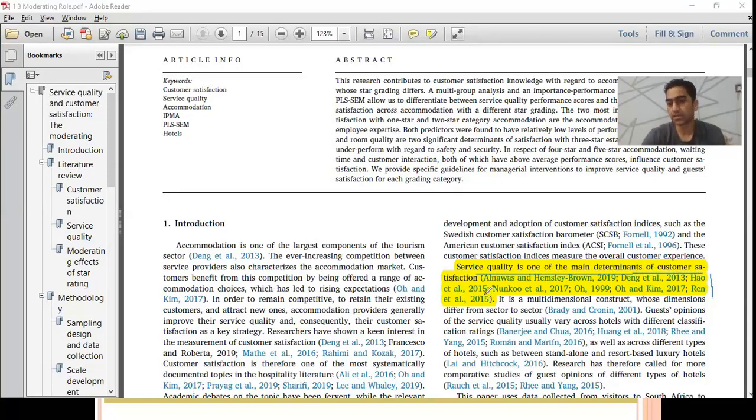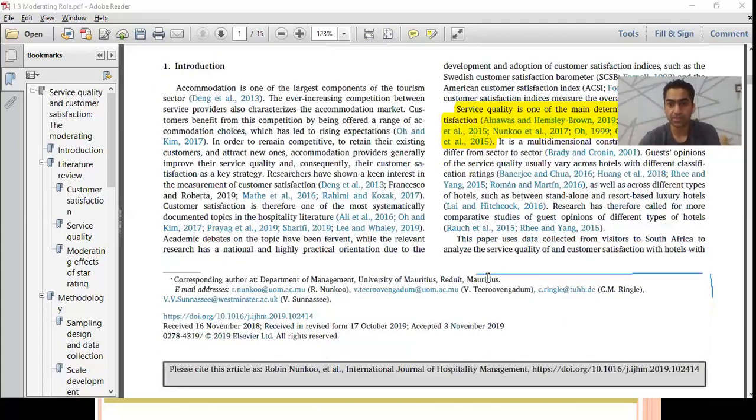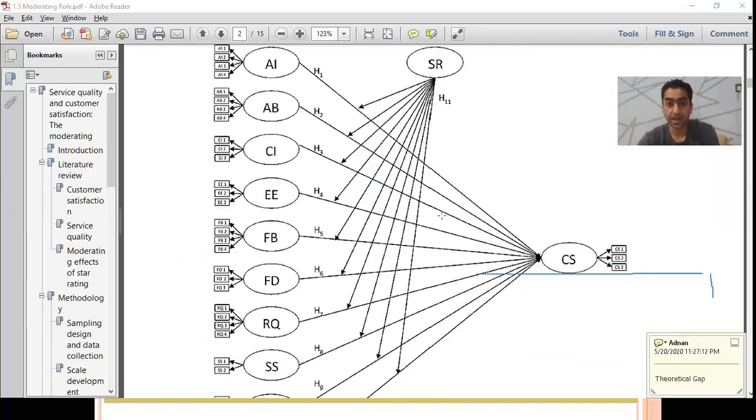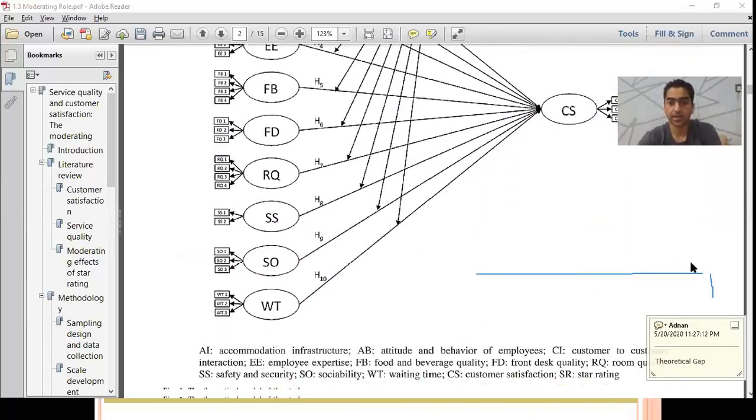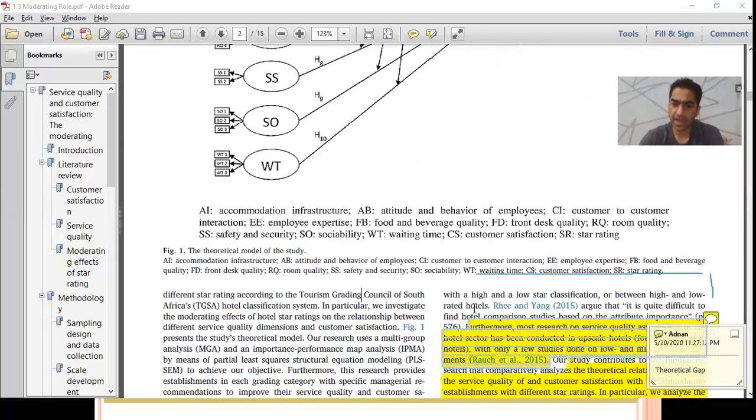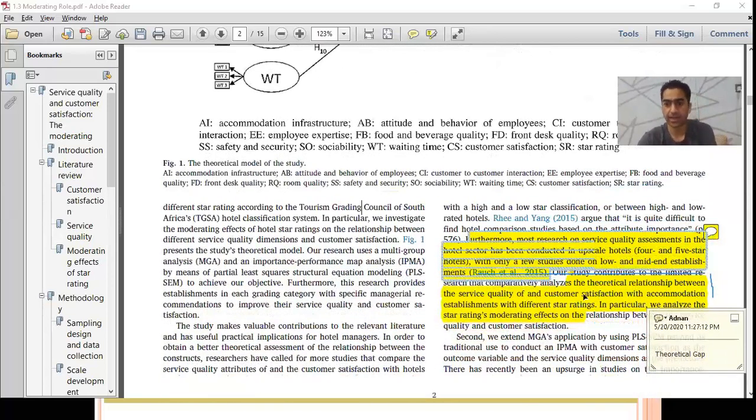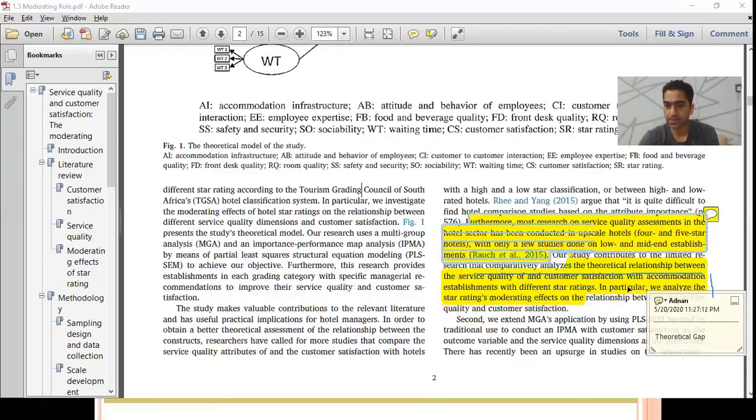According to these researches, service quality and customer satisfaction has been explored already. The relationship is already there. So what's new in this research? He is adding a moderator, and here at the end of the introduction, he is highlighting this feature. Theoretical relationship between service quality and customer satisfaction with accommodation establishments with different star ratings.